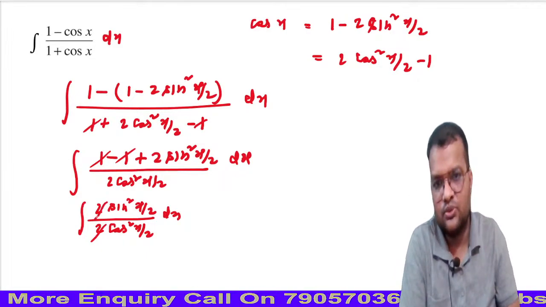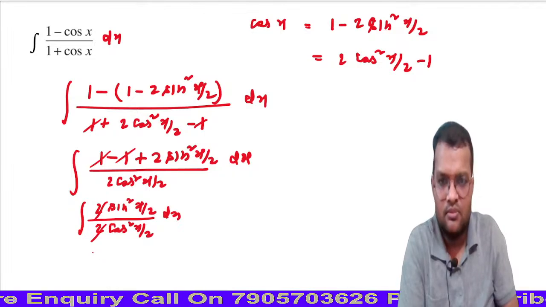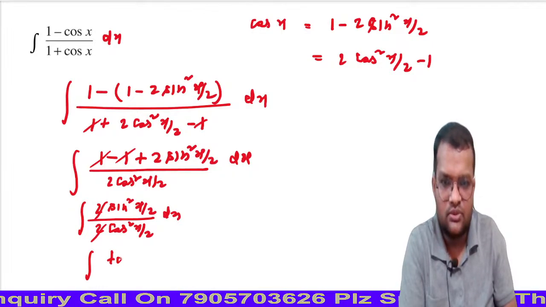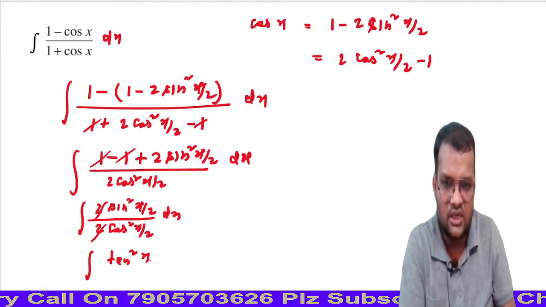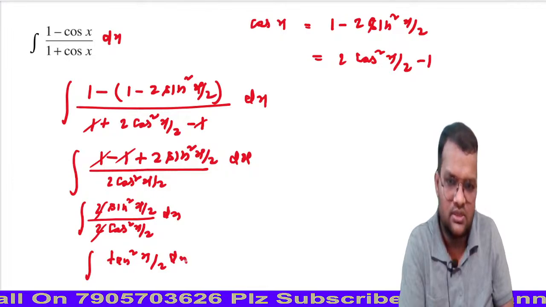These two cancel out. It becomes tan square x by 2 dx.